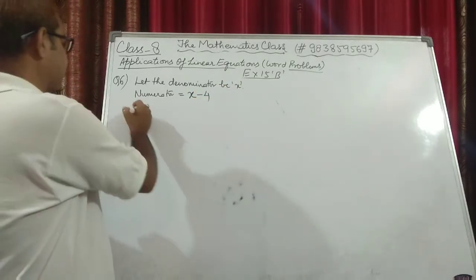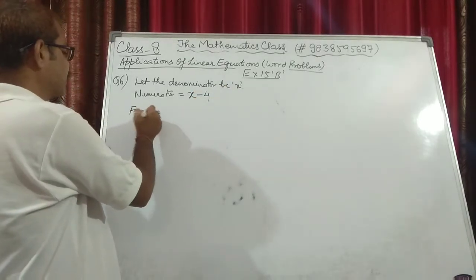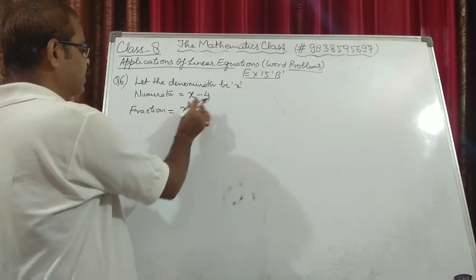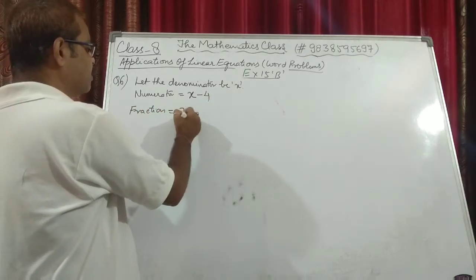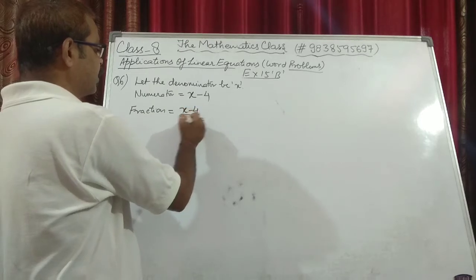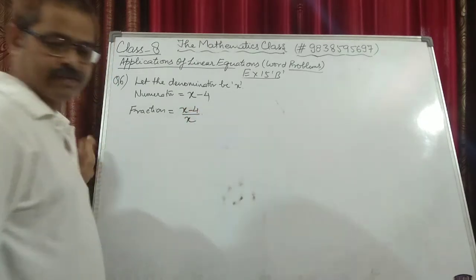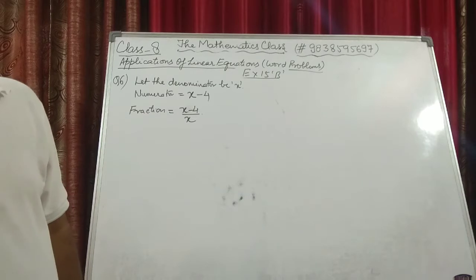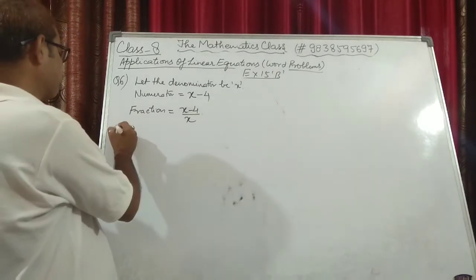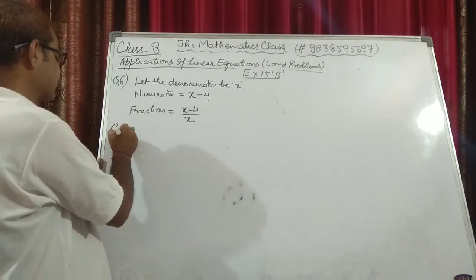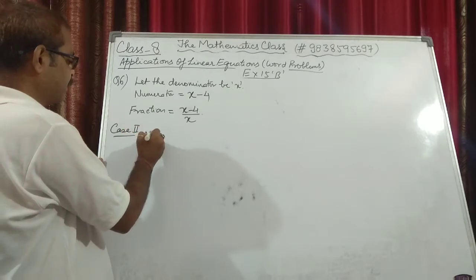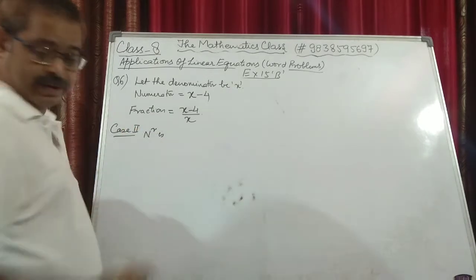So the original fraction is numerator upon denominator. Then they say that in the second case, the numerator is decreased by 2.